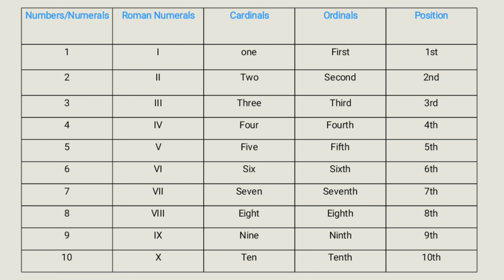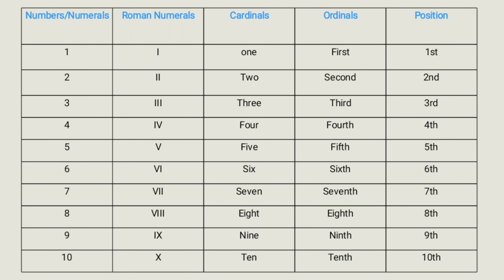Okay, so this one is correct. So 0 must be given the same weightage, the same importance, bache, as you give to the other digits. Okay, next come to the Roman numerals.